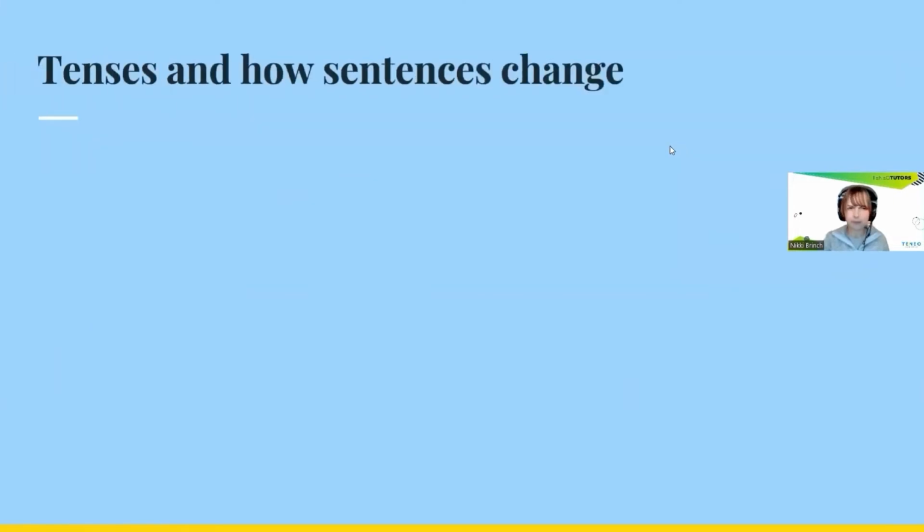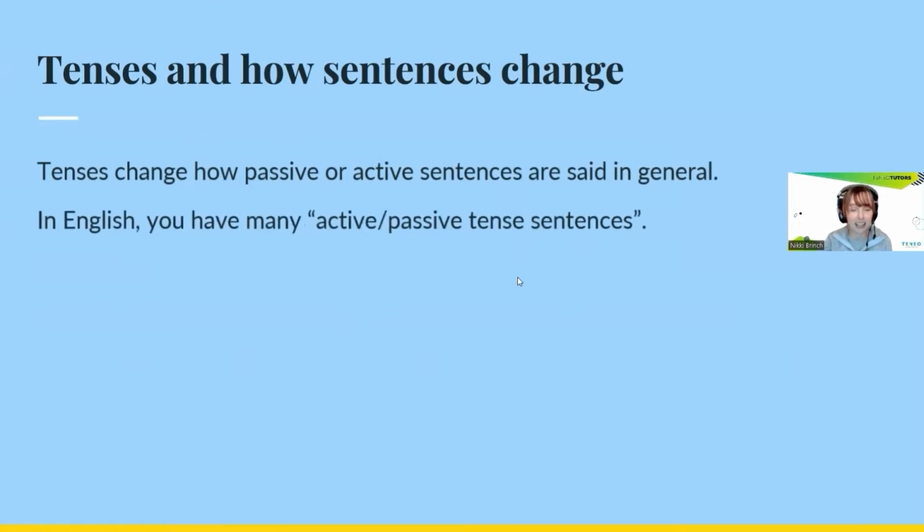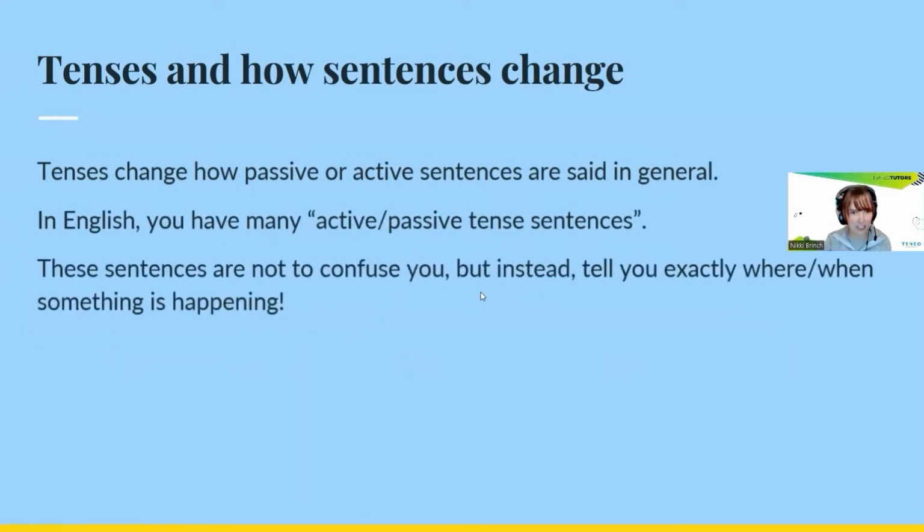So now that we have a general overview, we don't just speak in the present tense. We do past tense and future tense, and sometimes it gets a bit mixed up. So tenses can change how passive and active sentences are said. In English, we have many different structures, and these sentences are quite confusing sometimes, but they're not trying to confuse you.